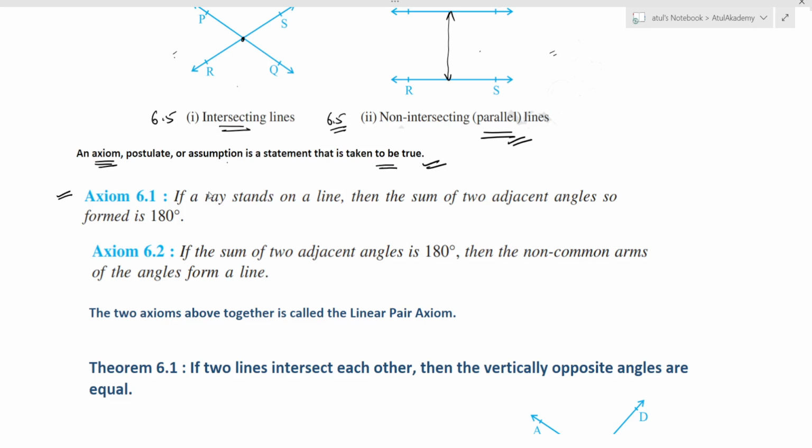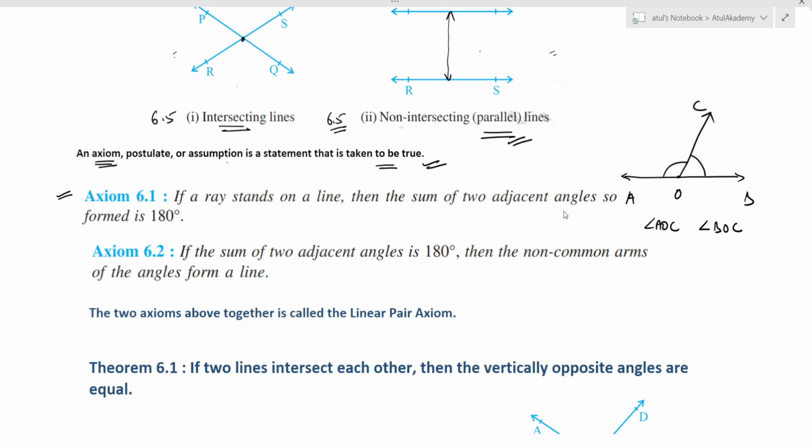Clear, students? Now, there are two axioms for this chapter that we are going to use. Over here is axiom 6.1, which says that if a ray stands on a line, like I have a straight line, let's say it's AB, and there is a ray standing, let me name that ray OC, then you see there are two adjacent angles being formed, AOC and the other one, BOC.